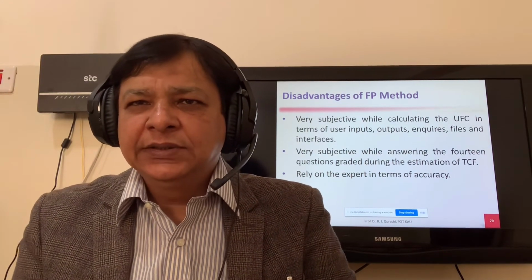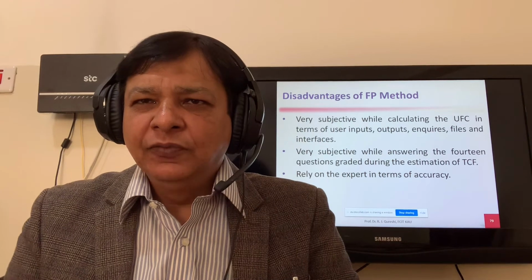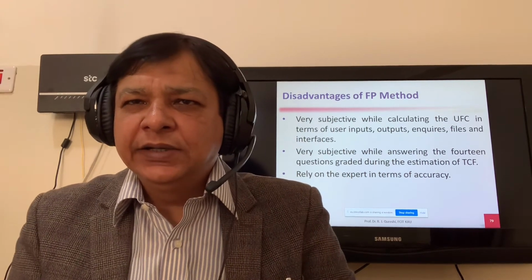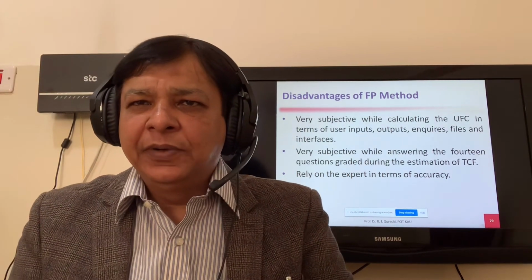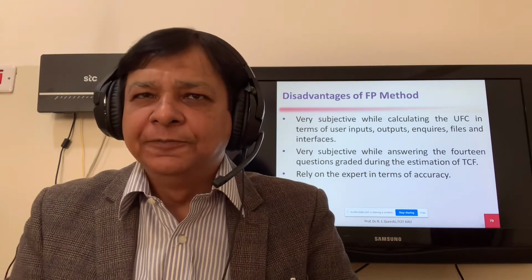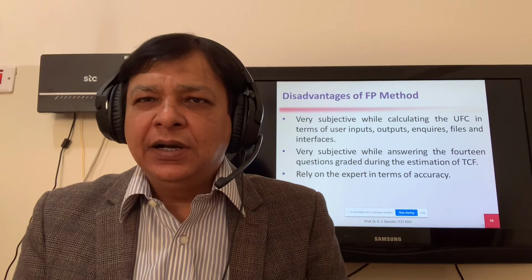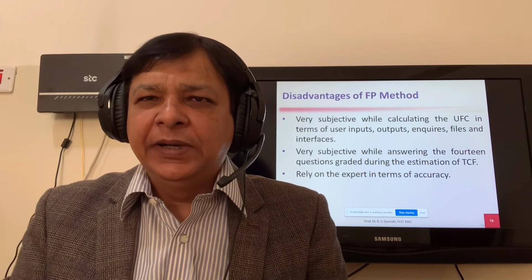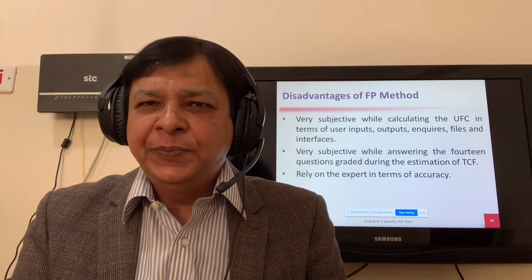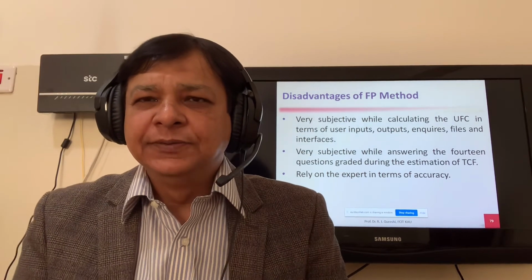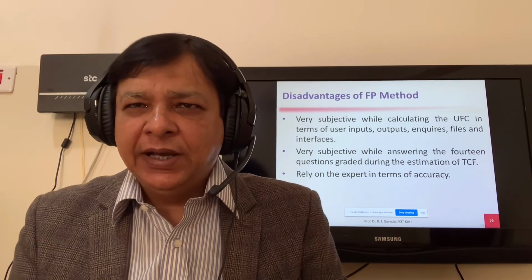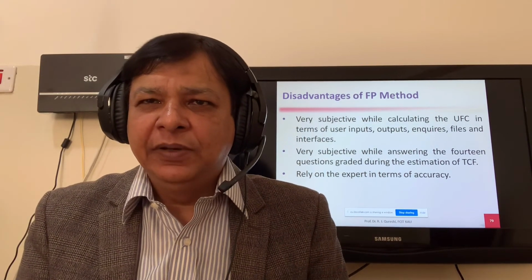For a tender system, you may scale 1, 2 or 3. It's not damaging, but in a safety critical project, human life risks are involved. And the accuracy of function point depends on the expertise of the project manager. The more experienced and specialized he is, the more accurate your calculation will be.